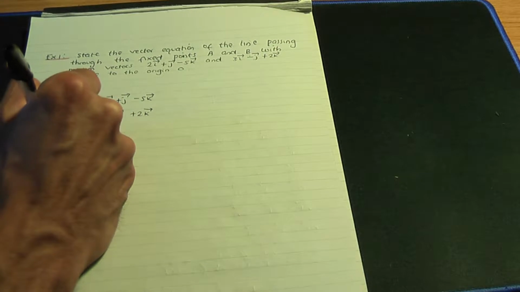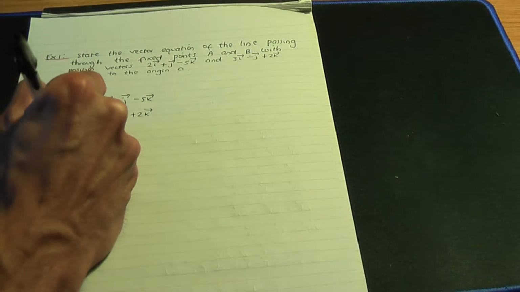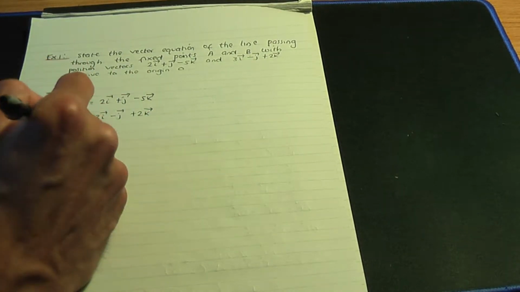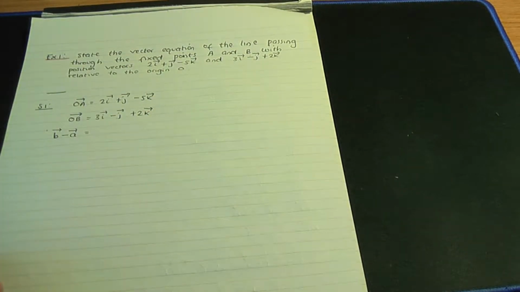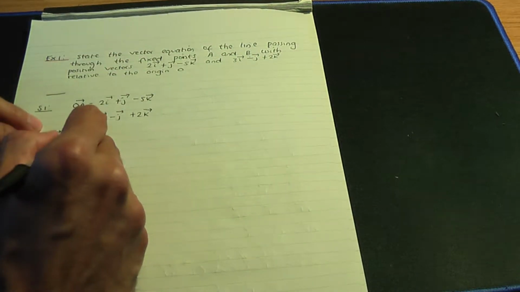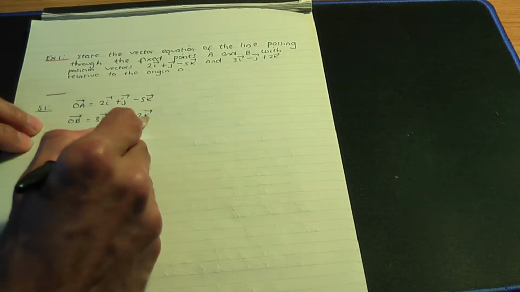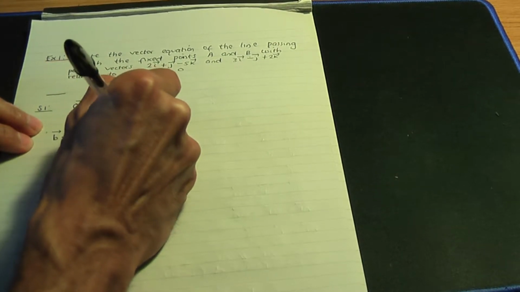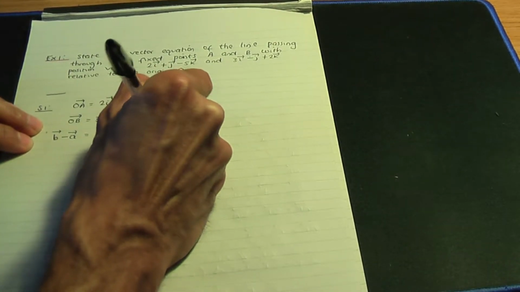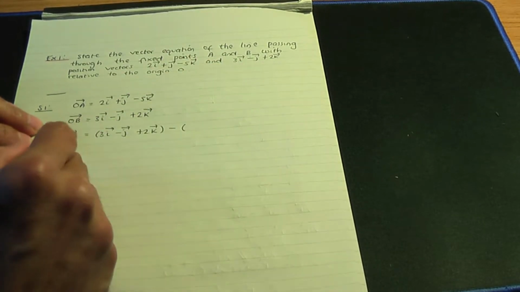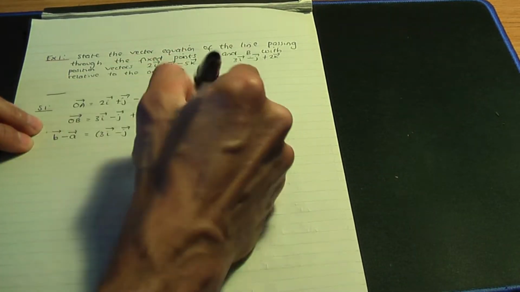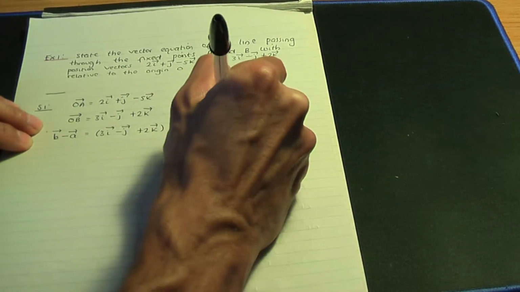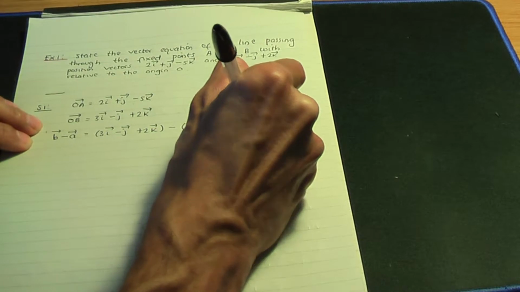So in step 1, I would work out the vector b minus a. So the vector b, which comes from OB, is 3i minus j plus 2k, minus a, the vector OA, which is 2i plus j minus 5k.